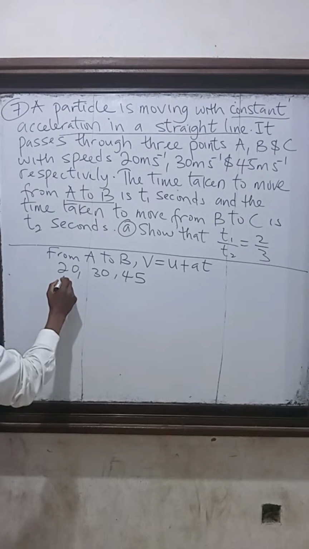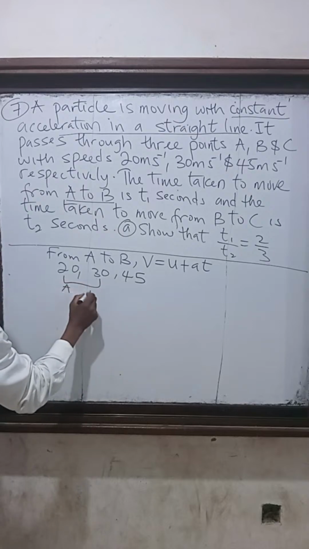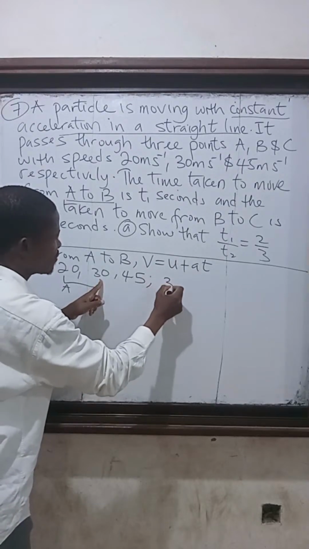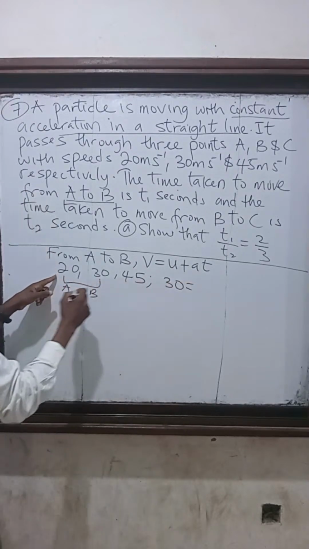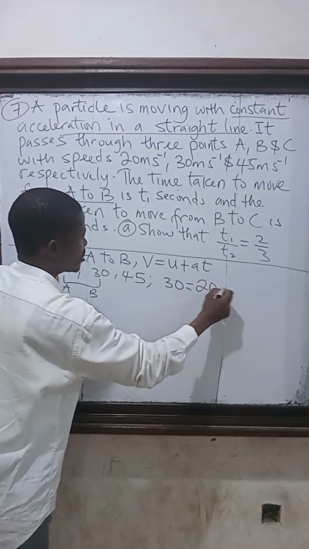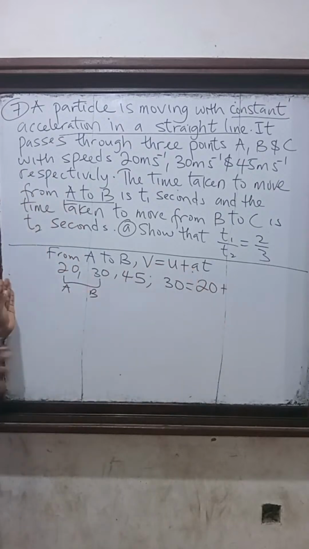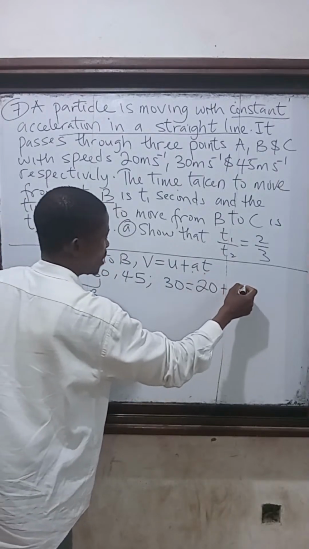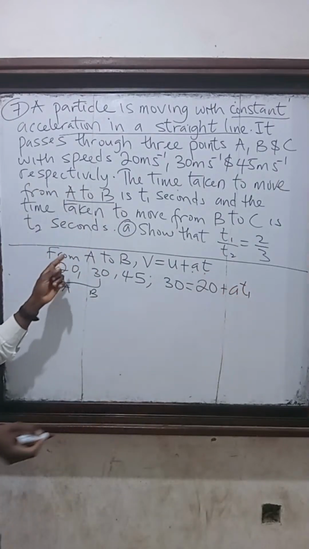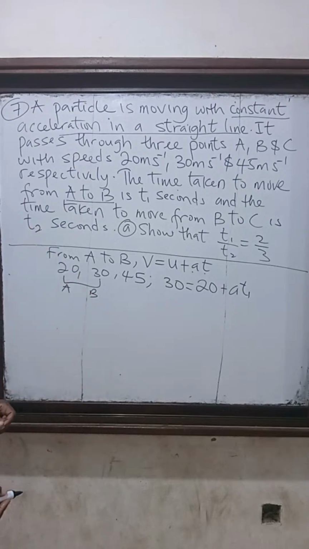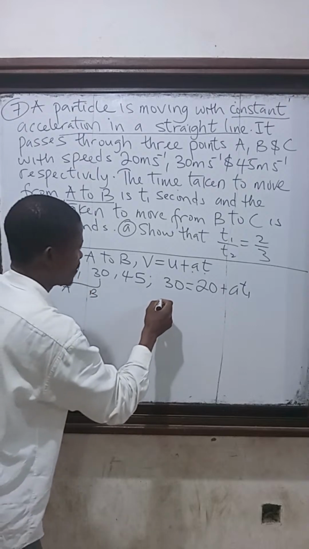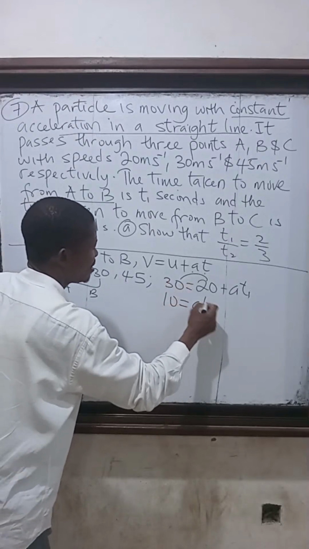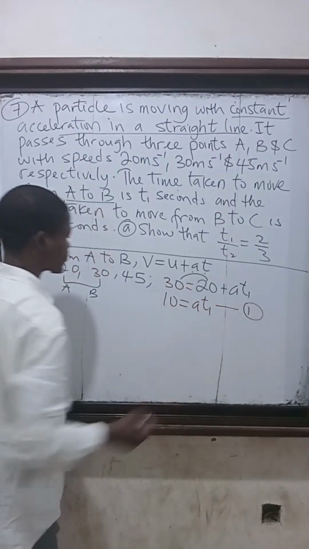So from A to B, final will be 30. Initial will be what? 20 plus acceleration. Acceleration is constant, it's not changing. Acceleration is a and T1, T1 from A to B. Then we can move this one to this side, then we have 10 equal to a T1. Call this one equation 1.